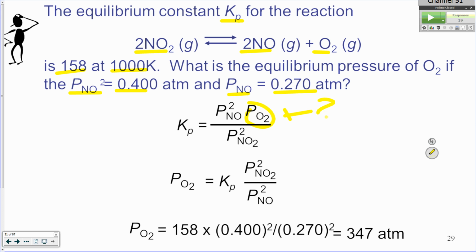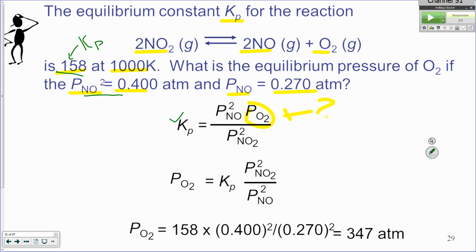So in this case, I don't have to solve concentration based. I just have to recognize now I'm using the ratio of the partial pressures. And what are the things that I know? I know K sub P, it's 158. So that's given. All right. I know the partial pressure of the NO2.